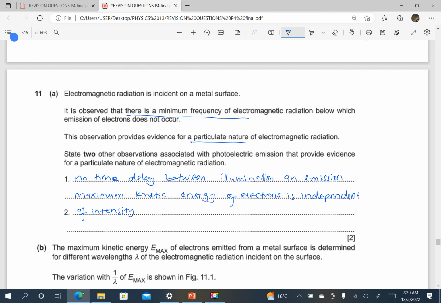We say the maximum kinetic energy of electrons depends on frequency.